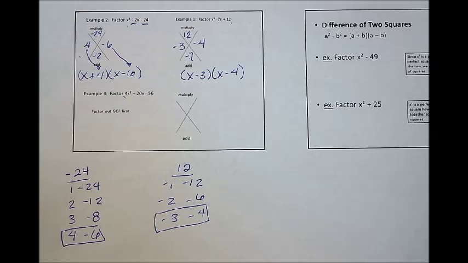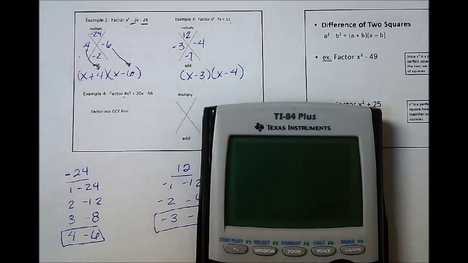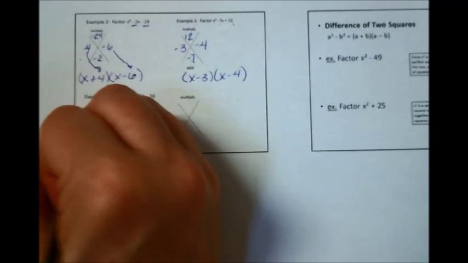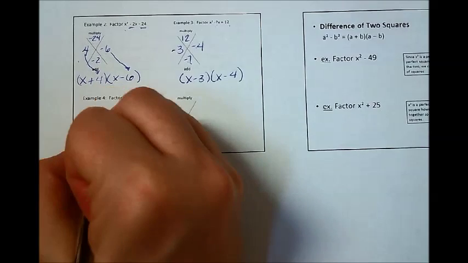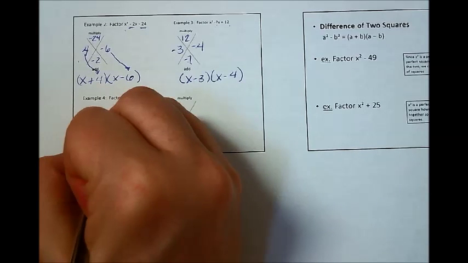But 4 goes into 254 and 56, and then we get out our calculator and we say 56 divided by 4, and we get 14. So we know that first we can factor out that 4, and we get x squared plus 5x minus 14.